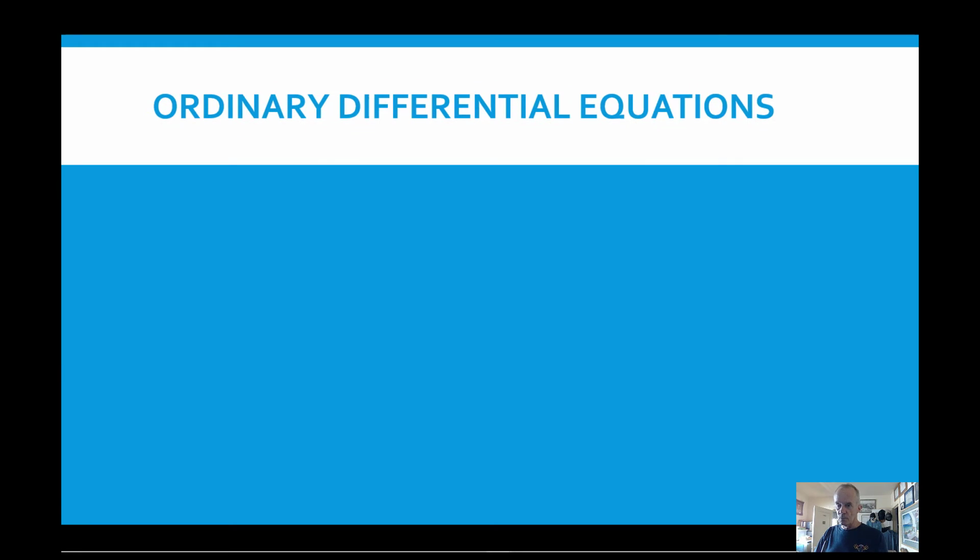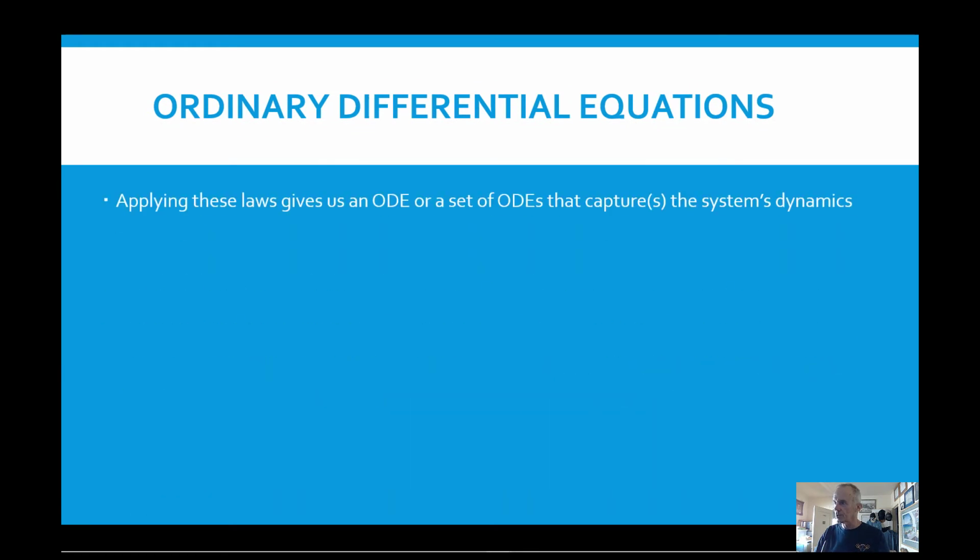And what we get by applying these physical laws is an ODE, or even a set of ODEs that capture the system's dynamics. Basically, what you're saying when you write these equations is that this system must obey these physical principles. And that delivers ODEs, which are ordinary differential equations.